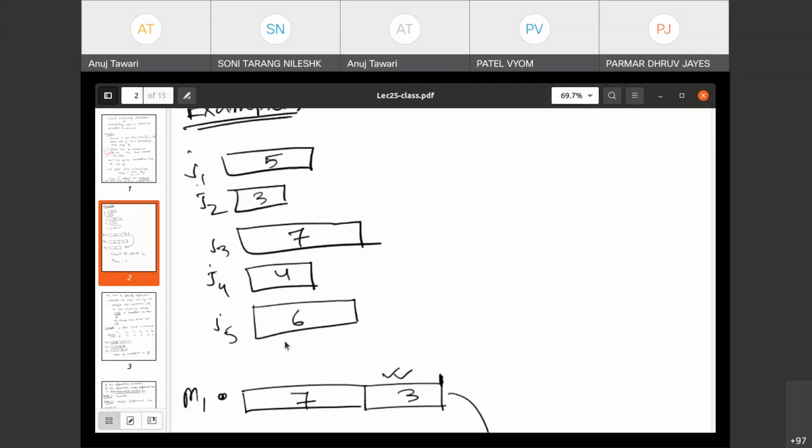Okay. So let's say we have these jobs with 3, 4, 5, 6, 7. Then we take 4 comma 5 as the middle pair. You took 4 comma 5, then you took 3 comma 6, and then the remaining 7. And this you are claiming is very close to the optimal.